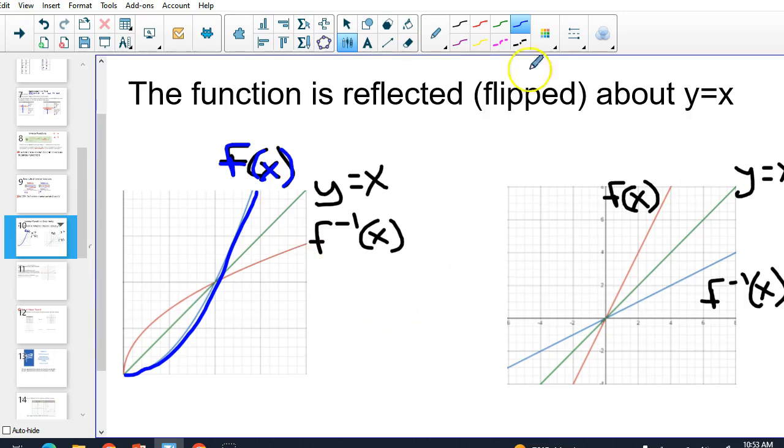To get the inverse, we're changing all the x and y values. So if it starts here, well, 0, 0, if you switch those, it's still 0, 0. Not the prettiest.